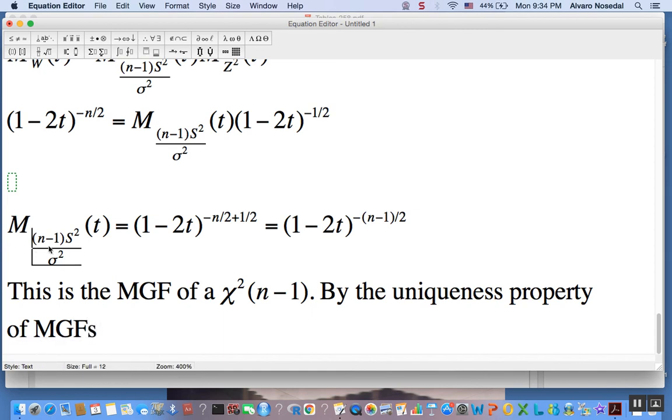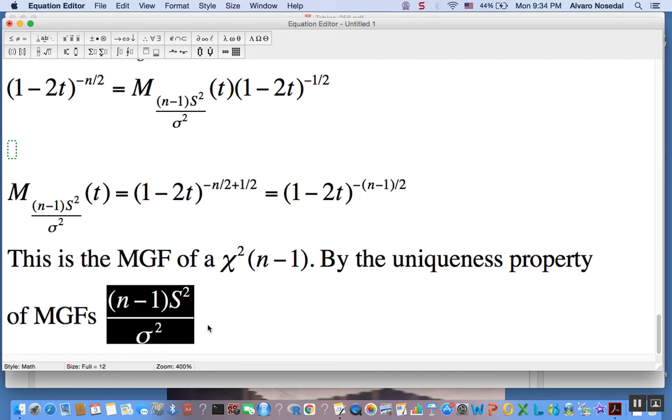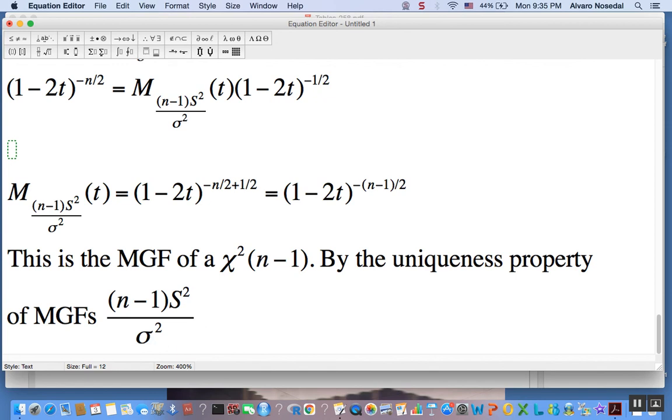Our guy, n minus 1 times the sample variance divided by sigma squared, has that distribution.